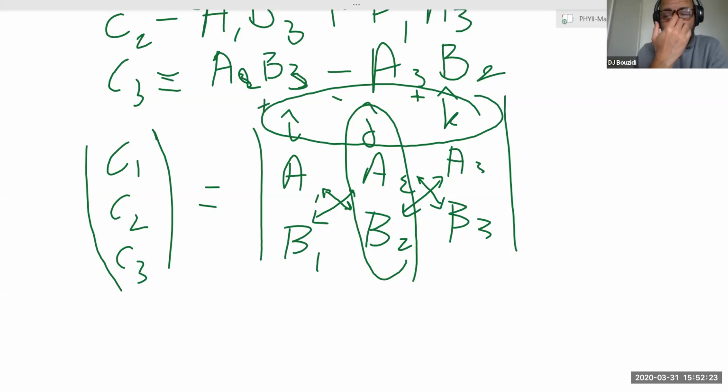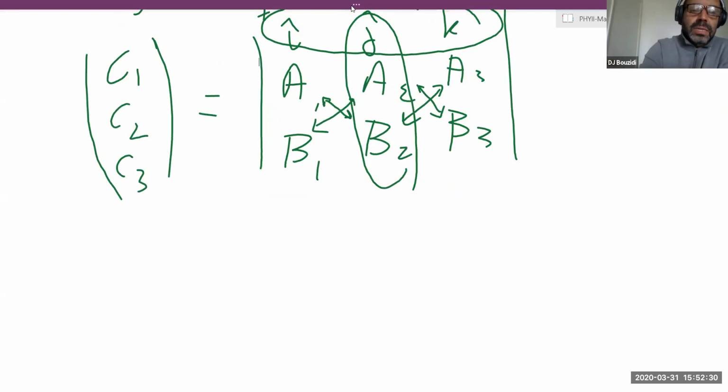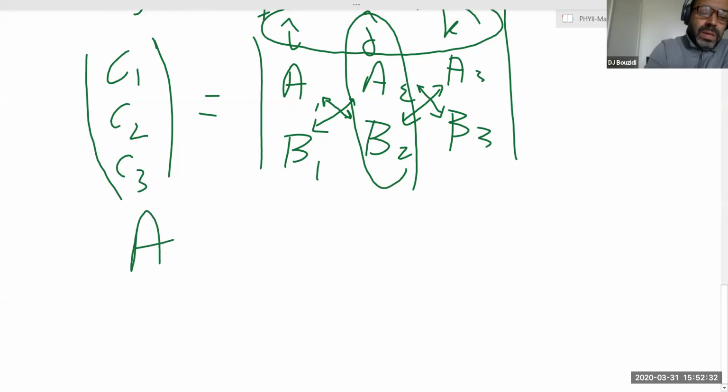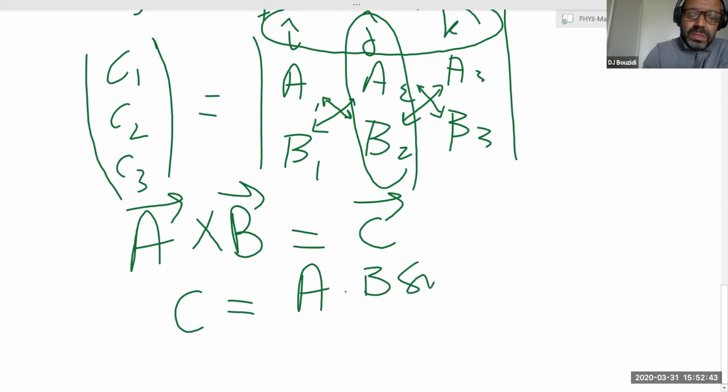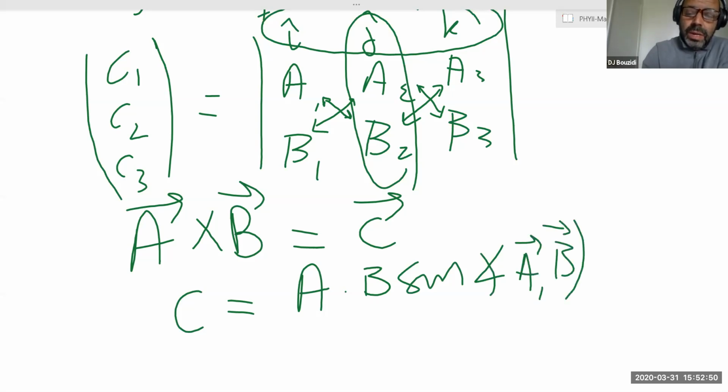And if you're doing the right-hand rule, it's also still complicated. With the right-hand rule, in this case, the cross product of A crossed with B is a vector C. C in magnitude is equal to A times B times the sine of the angle between A and B. And since this is a vector, we still need its direction.